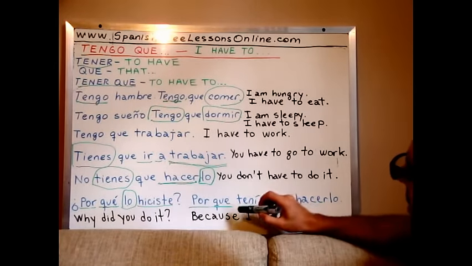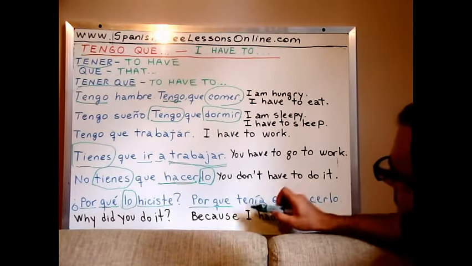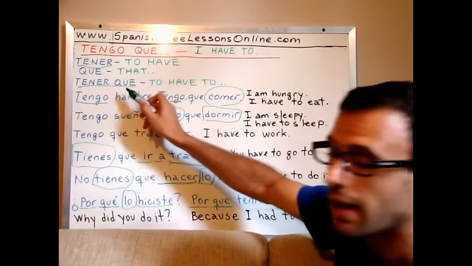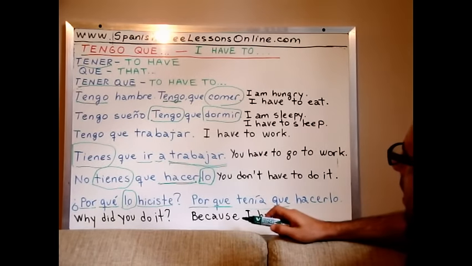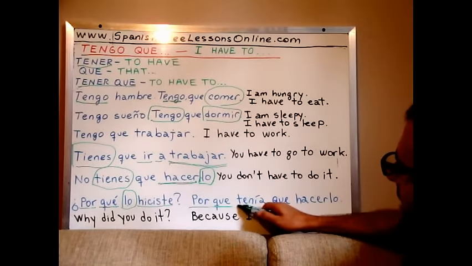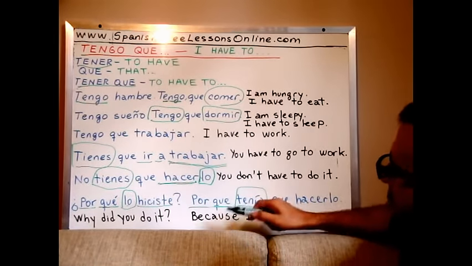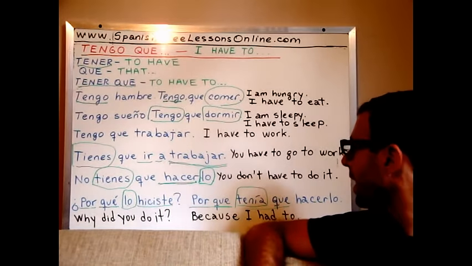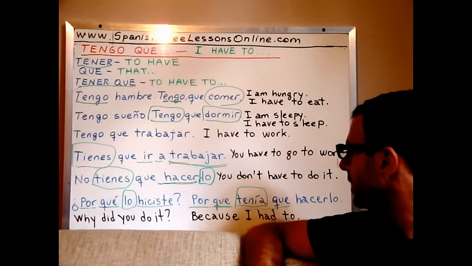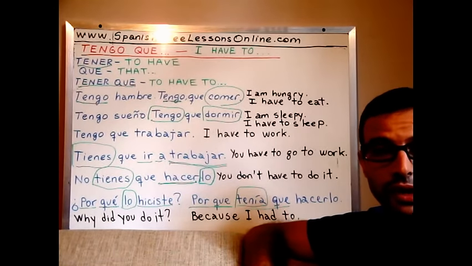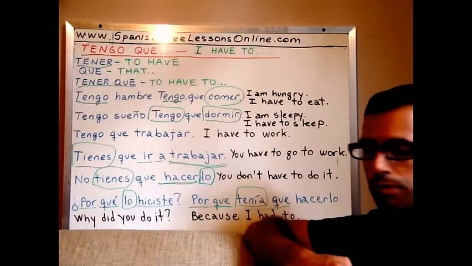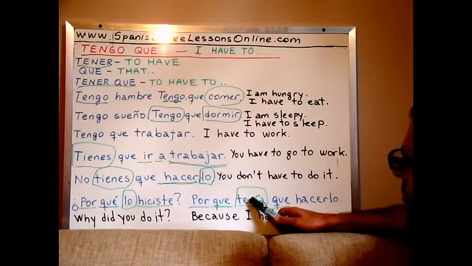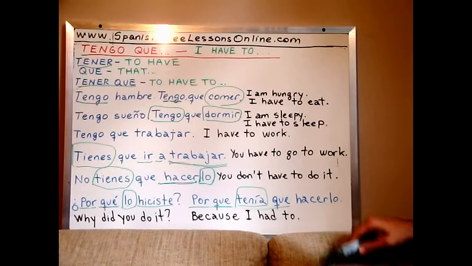Again, tenía, now, tenía que, right? This is from tener que, have to. Here, tenía is conjugated in past and in first person of the singular, right? I, yo. So, because I had to do it.